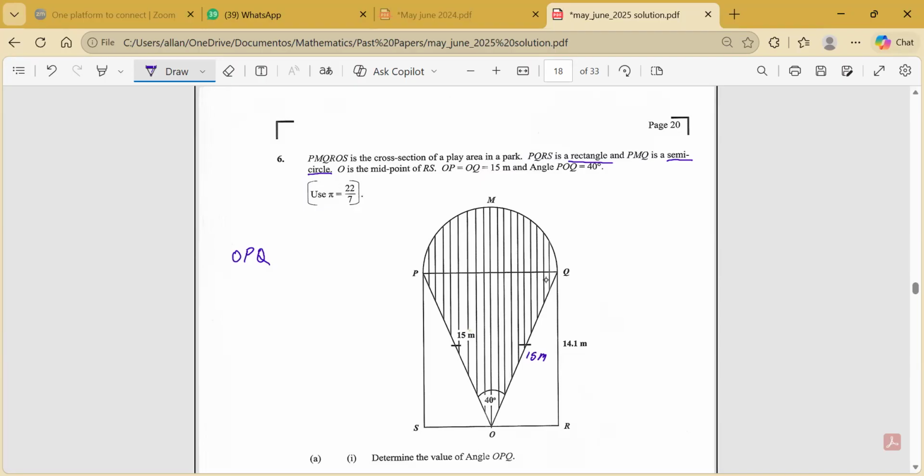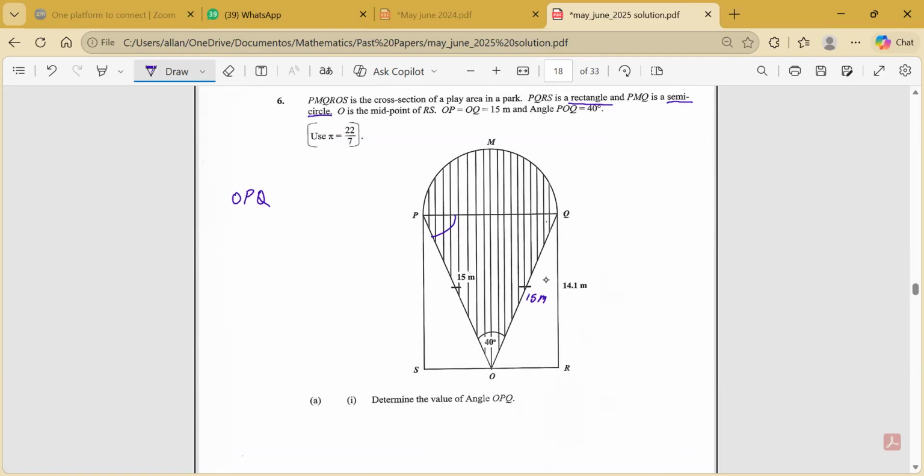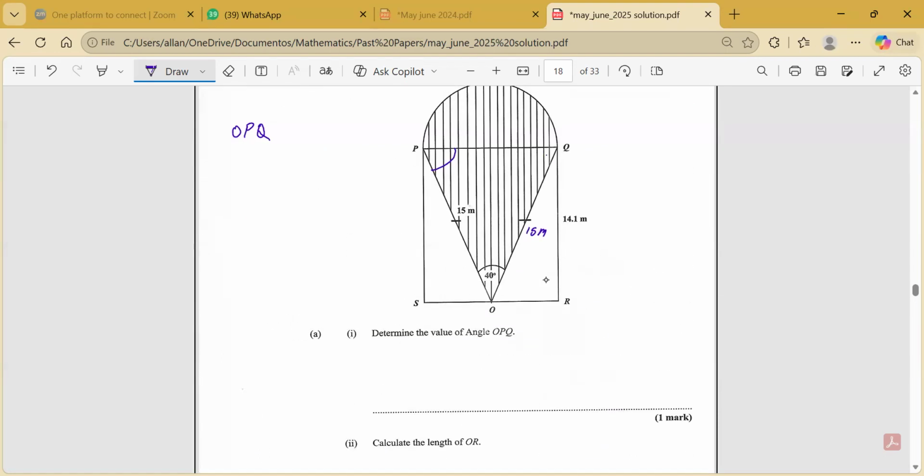Determine the value of angle OPQ. Well, that's easy. Find OP. This is the angle here. That is probably only one mark. Yeah. Everybody put your answers in the chat. This is 2025. I didn't do this question yet.